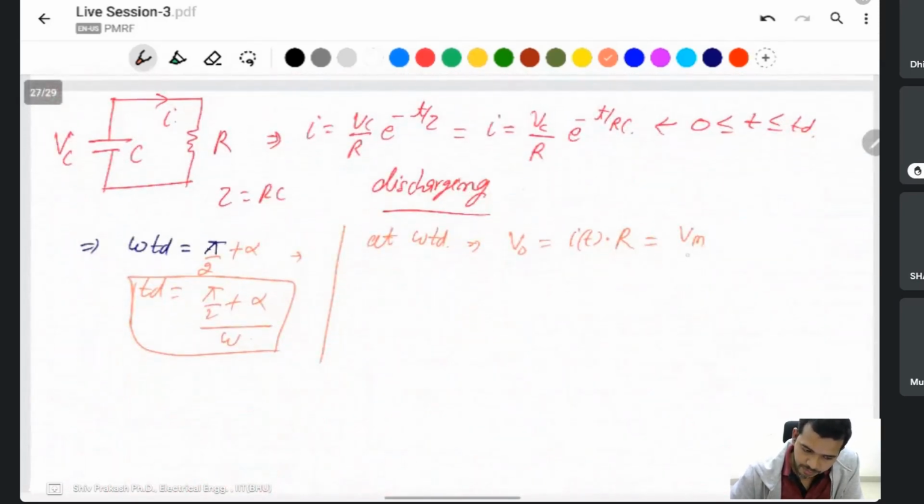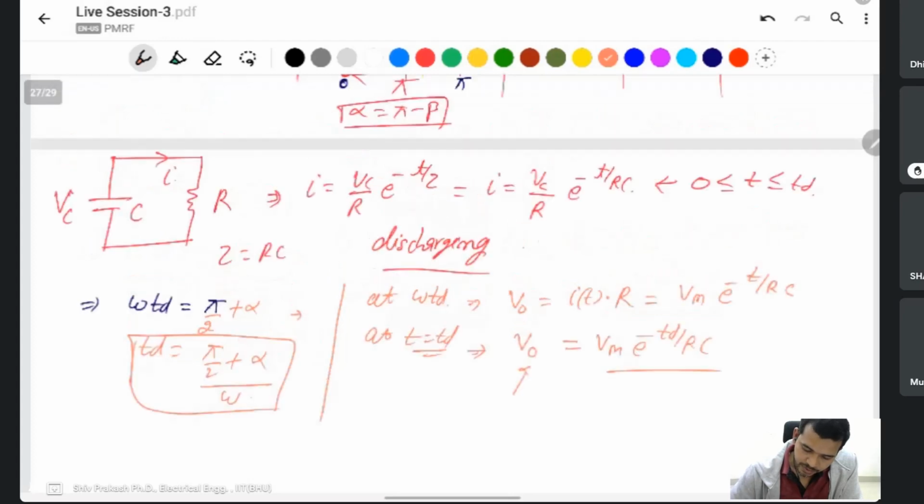You can say Vm and R are cancelled out, Vc by R e power minus t by tau, it means RC, and time at t equal to Td after discharging, we find V output is equal to Vm e power minus Td divided by RC.